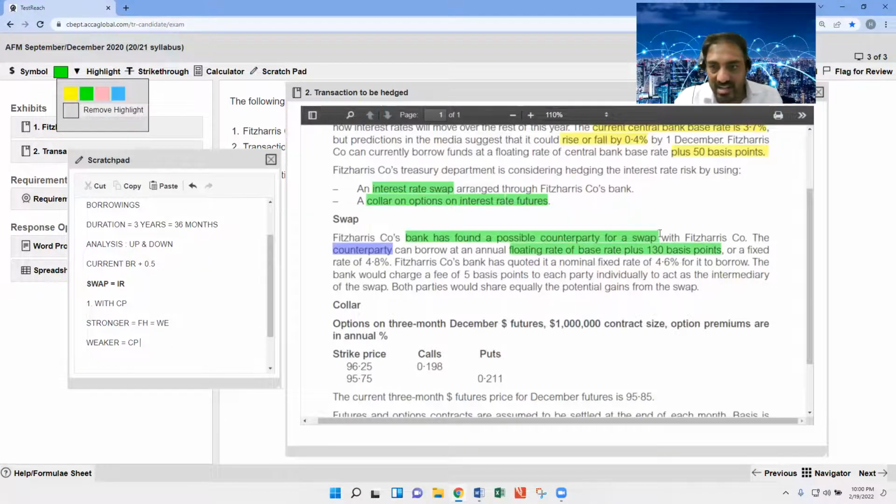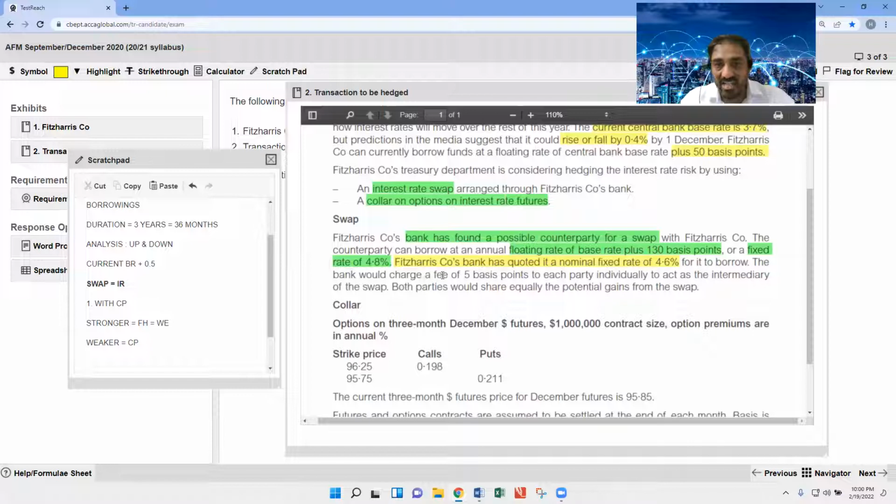For the fixed rate, here the fixed rate is 4.8%. But till now we don't know at what percentage Fitz-Harris can borrow at the fixed rate. Fitz-Harris has quoted a normal fixed rate of 4.6 for borrowing.